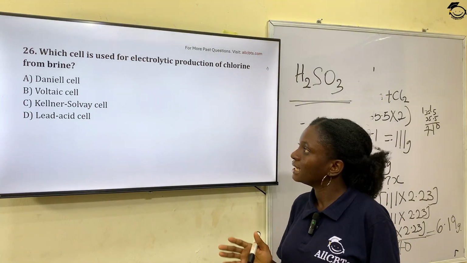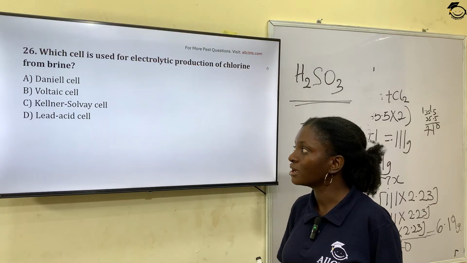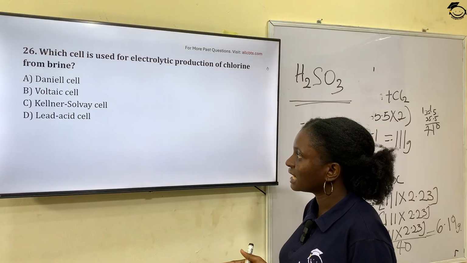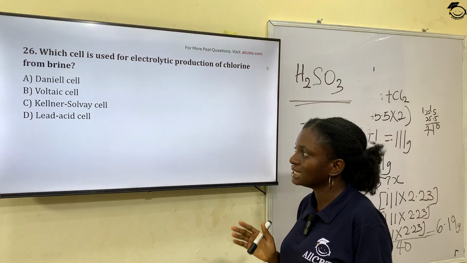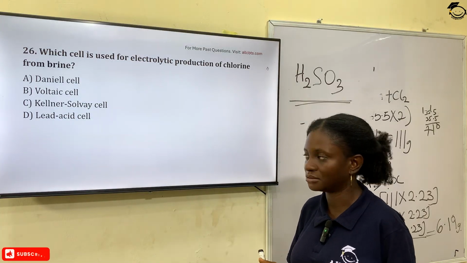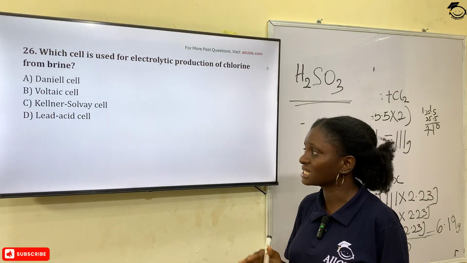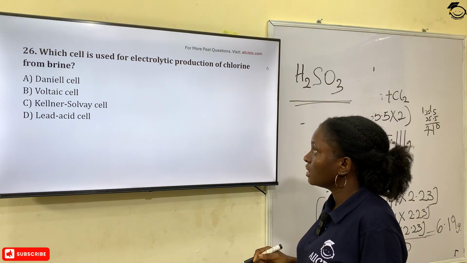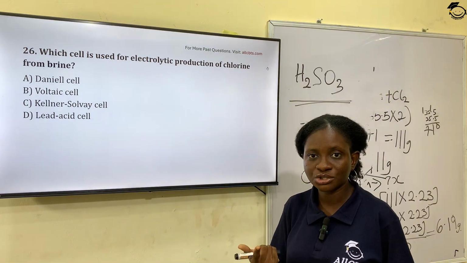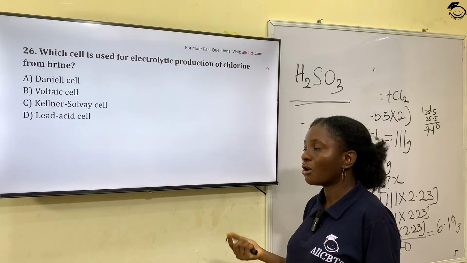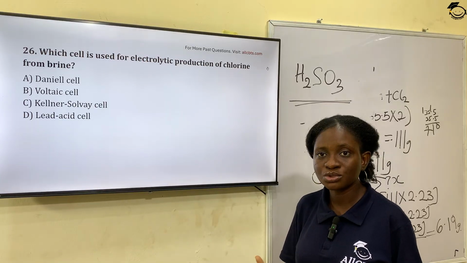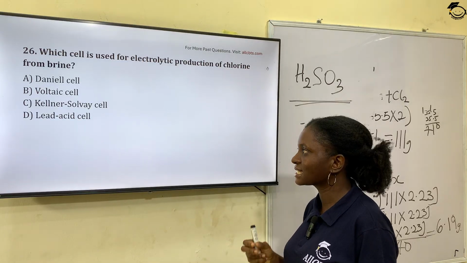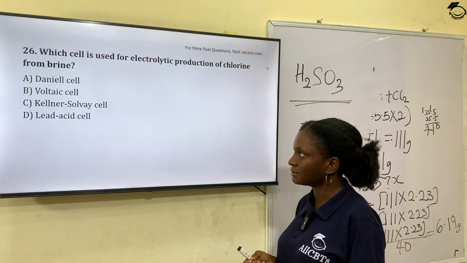Is it A, Daniell cell, B, voltaic cell, C, Kellner Solvay cell, D, lead acid cell? The correct answer is Kellner Solvay cell. This cell is specifically designed for electrolytic production of chlorine from concentrated sodium chloride. The correct answer is Kellner Solvay cell.